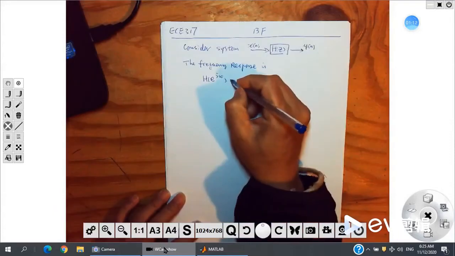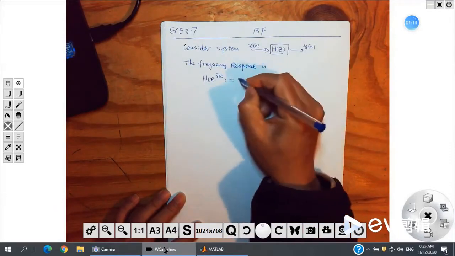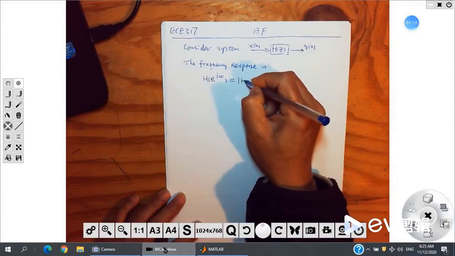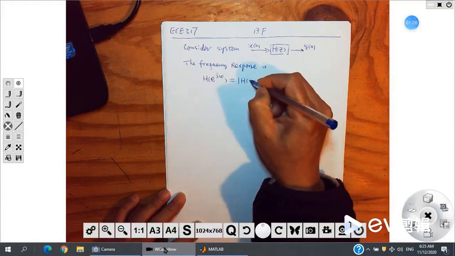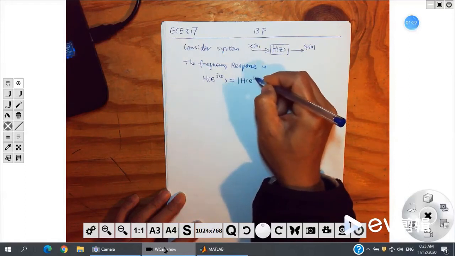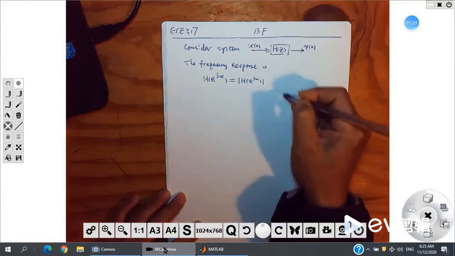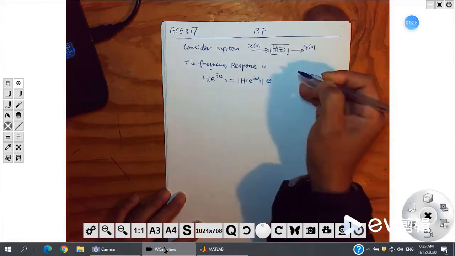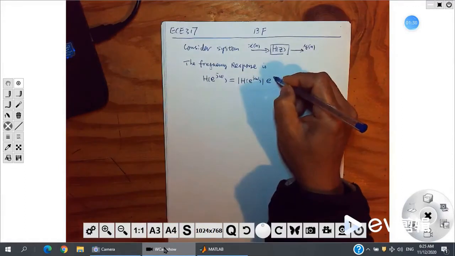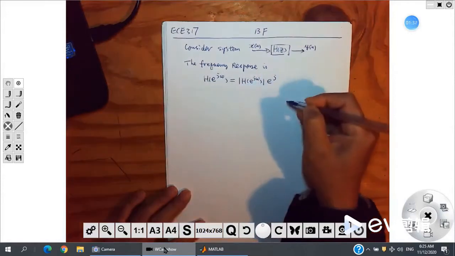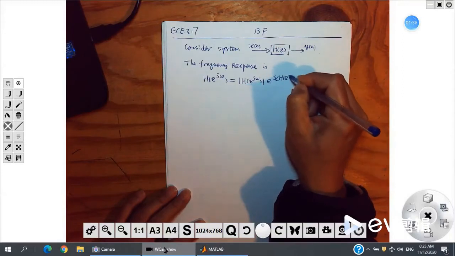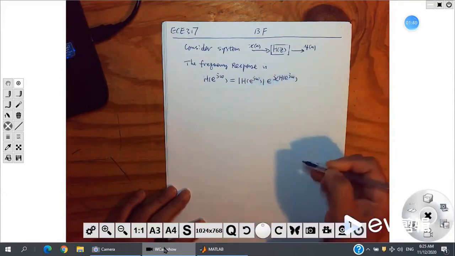For the frequency response, we can write it as a multiplication of two parts. The first part is the magnitude of H of e to the j omega, and the second part is an exponential, and the power is j, the square root of -1, times omega times the angle of H. We can always have this.